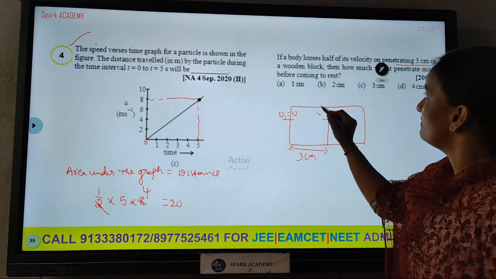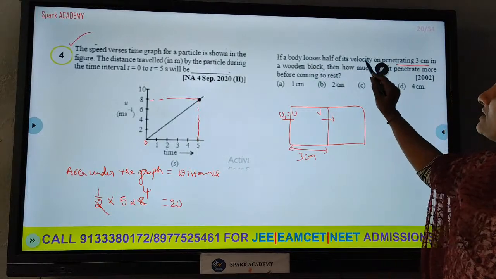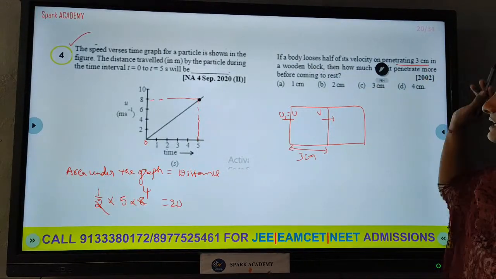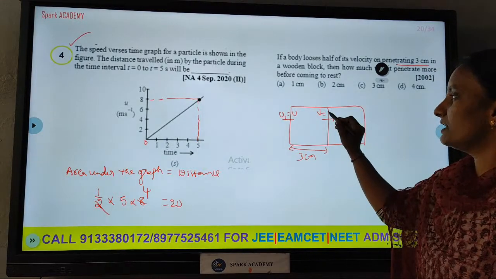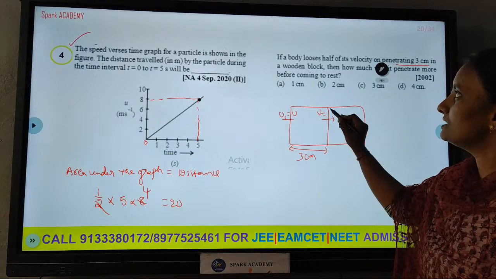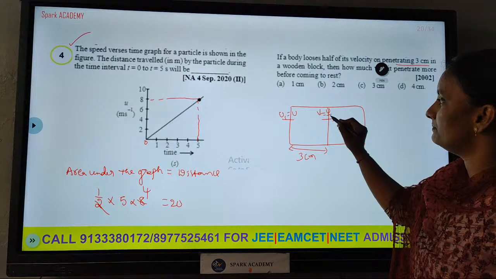They are saying the body loses half of its velocity, so after travelling this distance, the final velocity is u minus u by 2, which becomes u by 2.